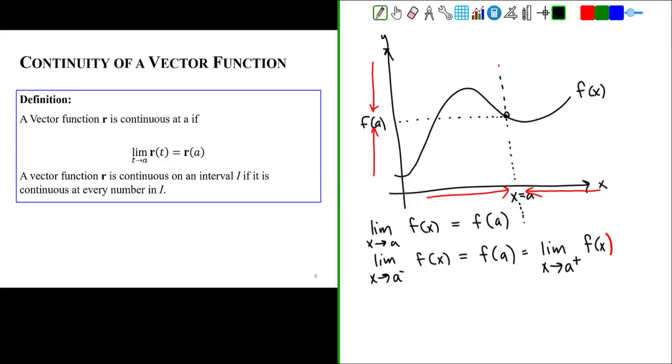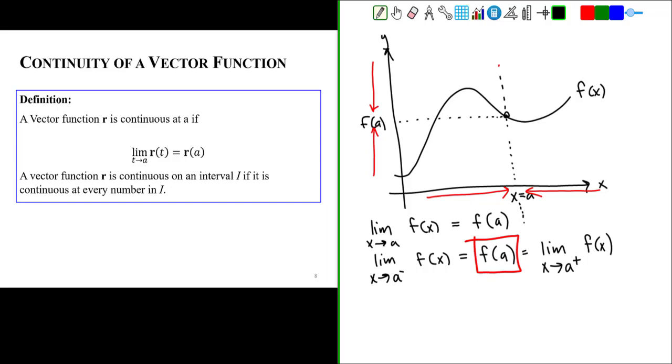It has the same limit from the left side as we approach the point as we do from the right side, and that value happens to be equal to the value of our function at that point.